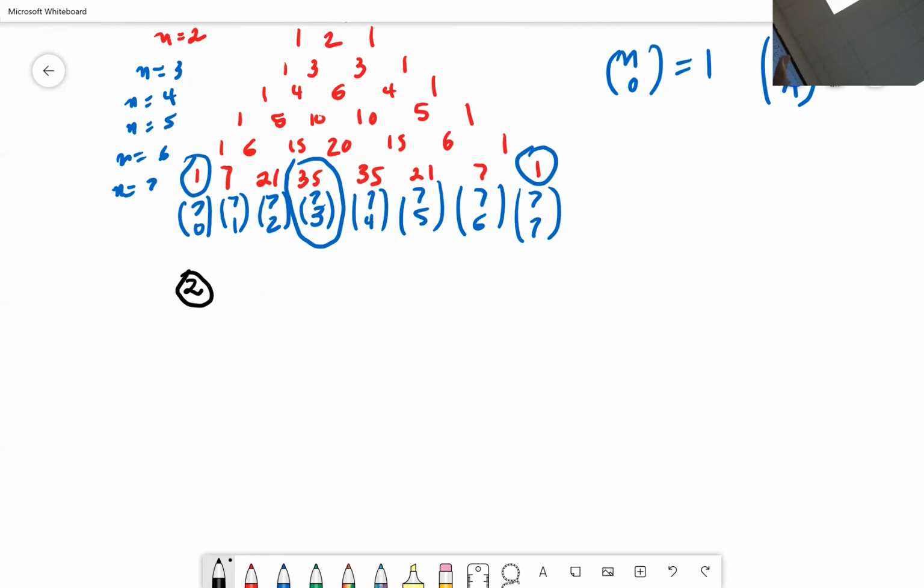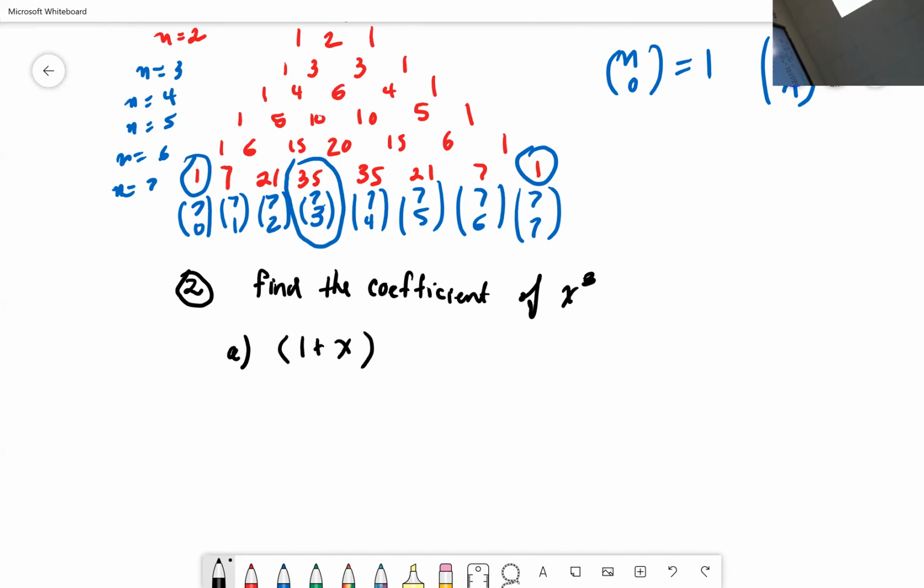All right, so the next question, number 2, says find the coefficient of x to the third in the following. So here we have (1 plus x) to the 5th.